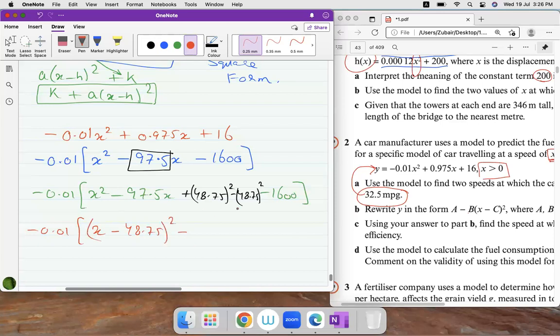And solving for the rest is 48.75 squared, 1600, and we get 3.9.